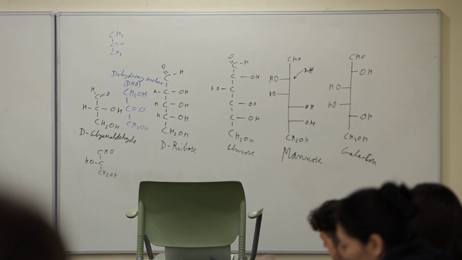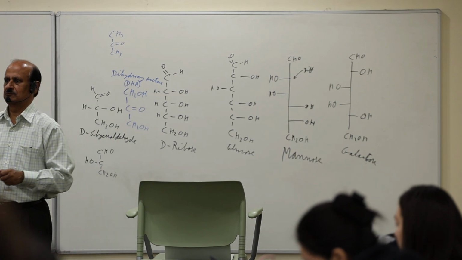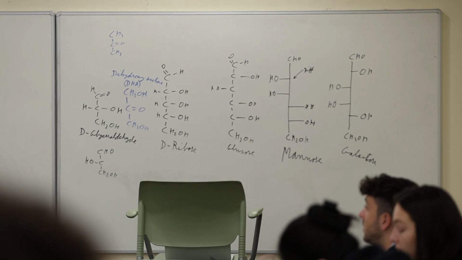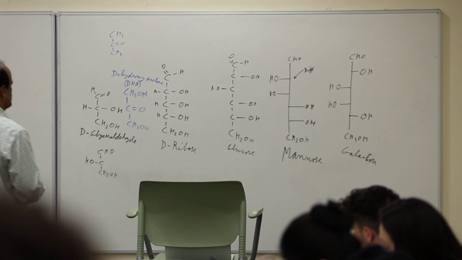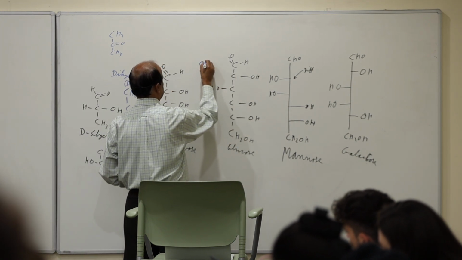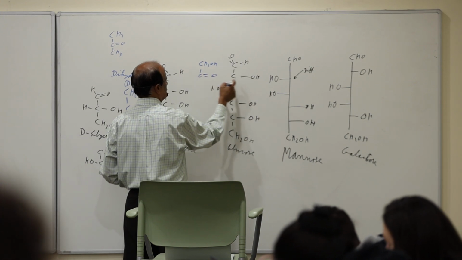So what is important is the corresponding ketose of glucose, and what is that one? Everyone knows this, right? It is fructose. To draw fructose, you just put a keto group here. So this will be CH2OH, and then keto group.